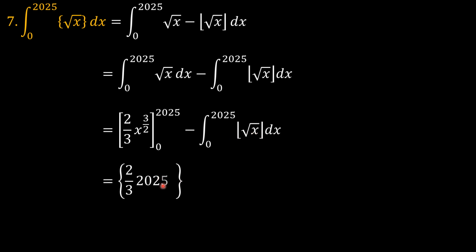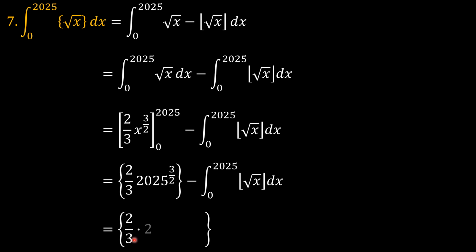And so applying these limits appropriately, we get 2 over 3 times 2025 to the power 3 over 2, and that becomes 2 over 3 times the square root of 2025, which is 45, times 2025. So this is what we get here.